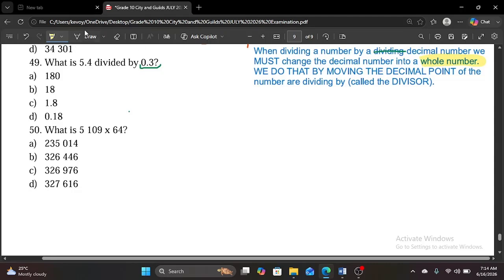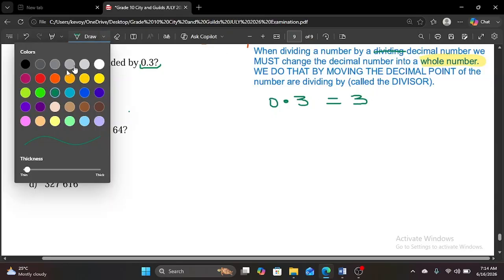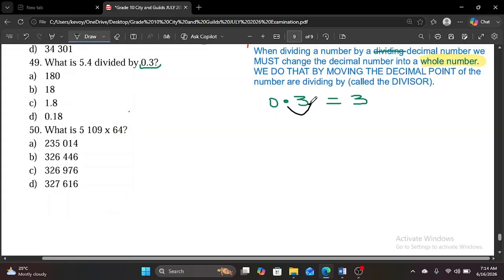So we do that by moving the decimal point. So 0.3 as a whole number is going to be 3. How did we get from 0.3 to 3? We have to move the decimal point 1 time.